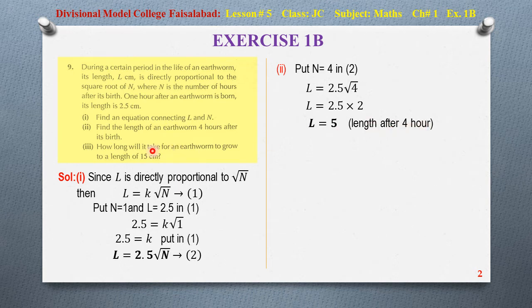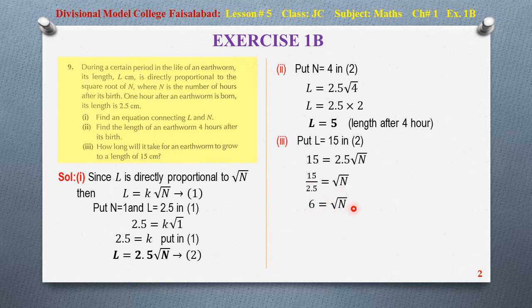And in third part you are asked to find the time taken when length is given. So we will put L is equal to 15 in equation number 2. 15 is equal to 2.5 square root of n. 15 divided by 2.5 is equal to square root of n. Dividing 15 by 2.5 we will get 6 is equal to square root of n.